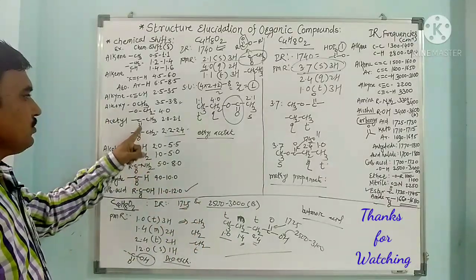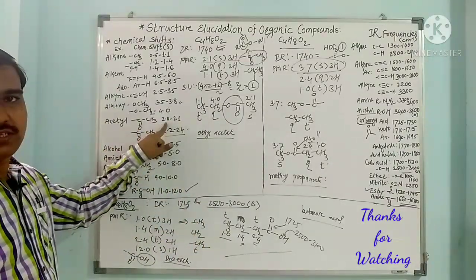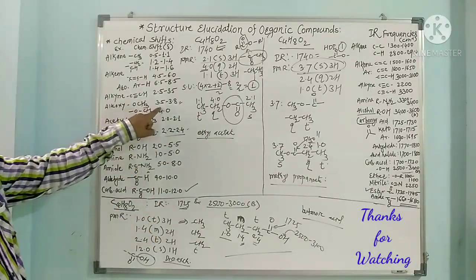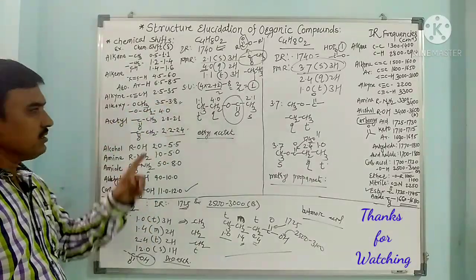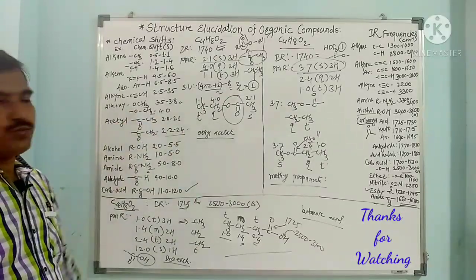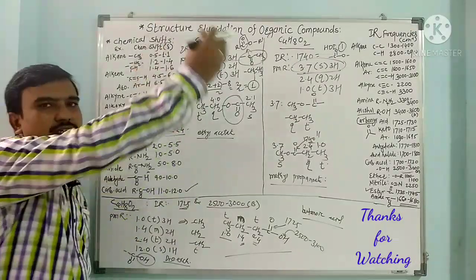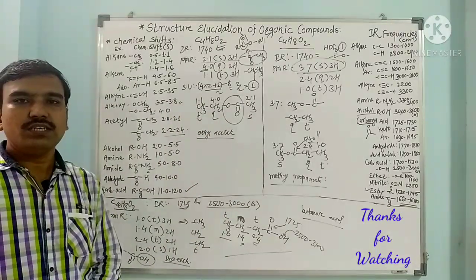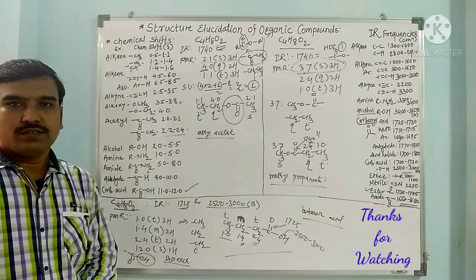Same in the case of COCH3 at 2.1, COCH2 at 2.4, methoxy at 3.5 to 3.8, and OCH2 at 4.0. So when hydrogens decrease, the chemical shift increases. In this way we have seen structure elucidation of aliphatic compounds. Thank you.